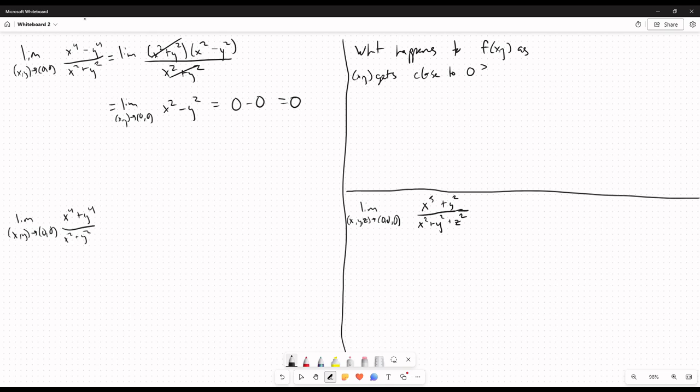What do we mean by xy gets close to 0? We're saying, what happens to the magnitude? I'll write it out. What happens as the magnitude of xy gets close to 0? Or the square root of x squared plus y squared gets close to 0.